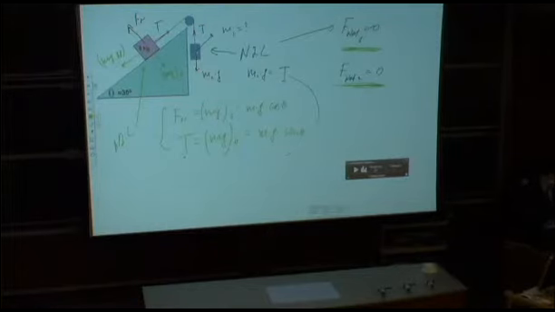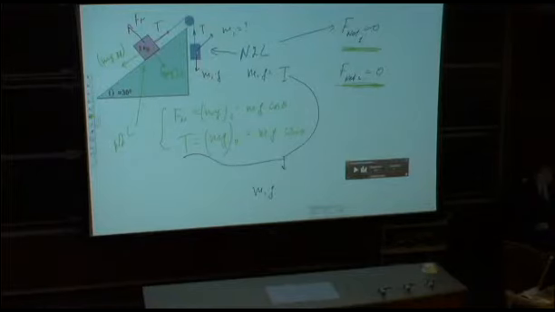If we combine these two equations together, this product, the critical mass of the small weight times g, should be equal to this product, the mass of the big box times g times sine of theta.